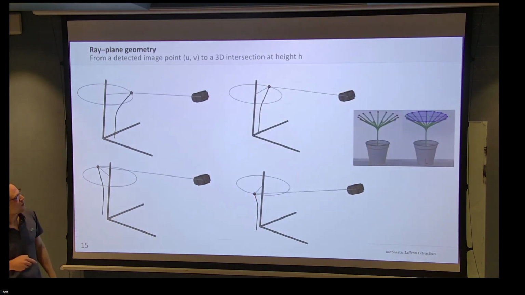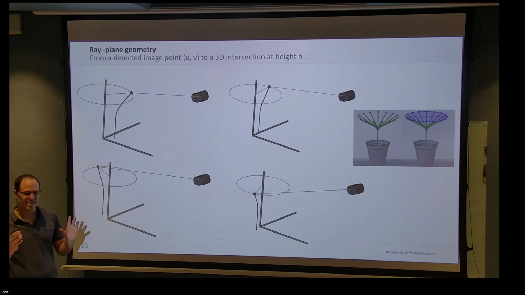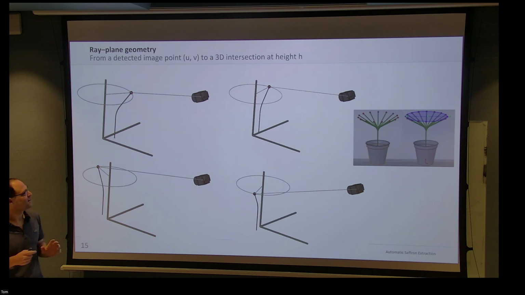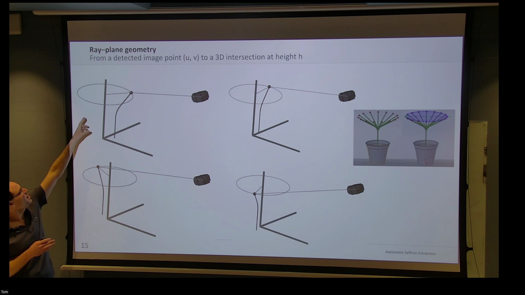Now we want to find the relationship between the 3D and the 2D image plane. We know that in the world, when we rotate our point, it forms a circle with radius r and height h. This circle plane is parallel to the floor.